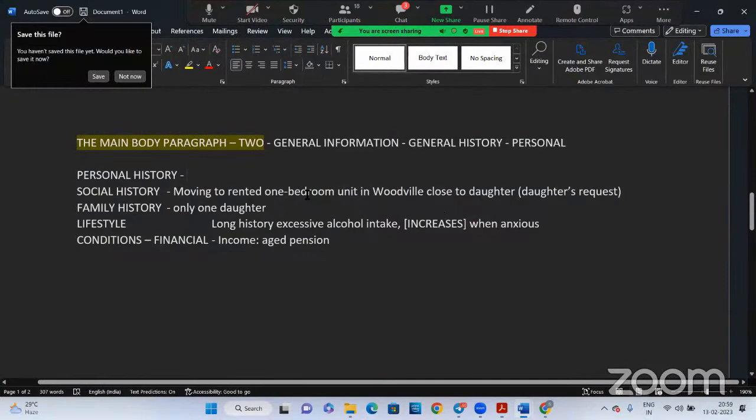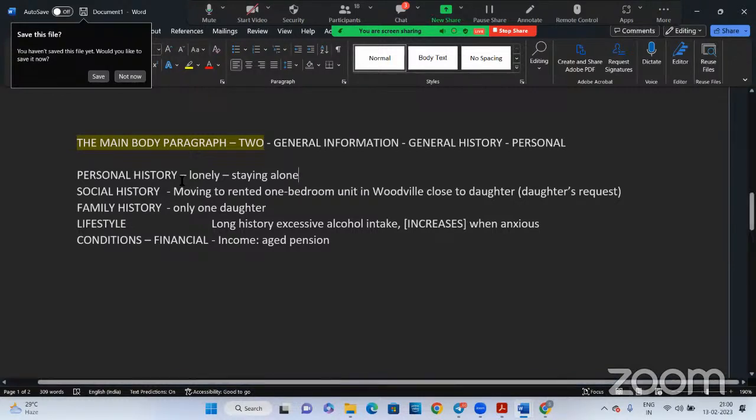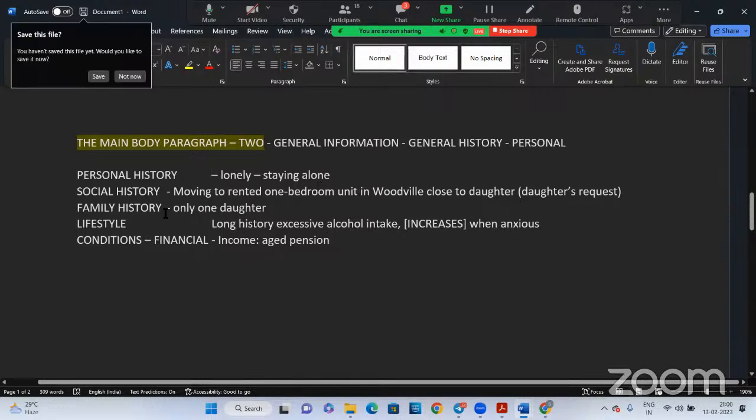So leave it. Personal history: lonely, staying alone. So this is the point here. Lonely and staying alone. Moving to rented 1-bedroom unit in Woodville close to a daughter. So only one daughter. And long history of exercise.